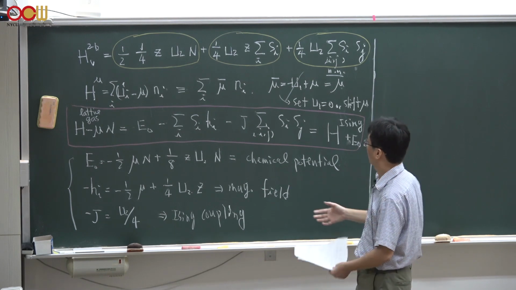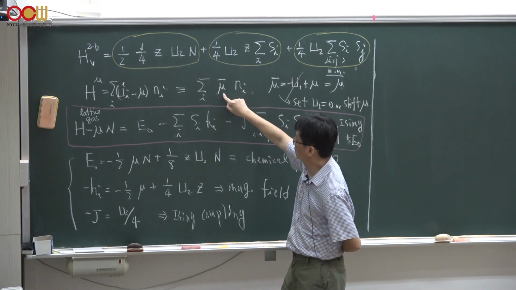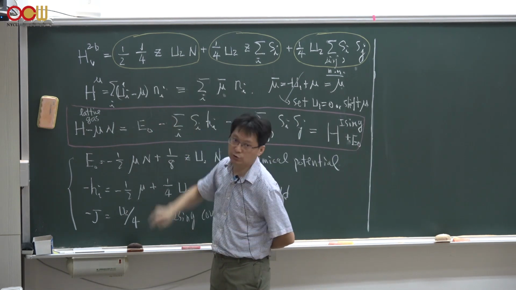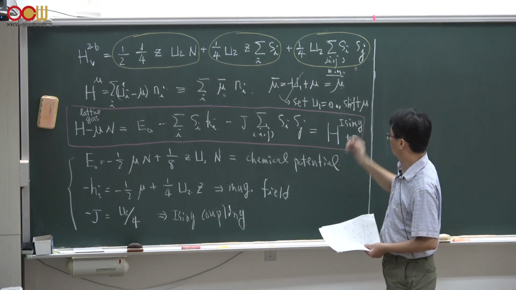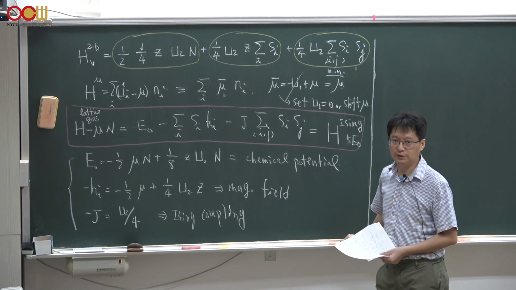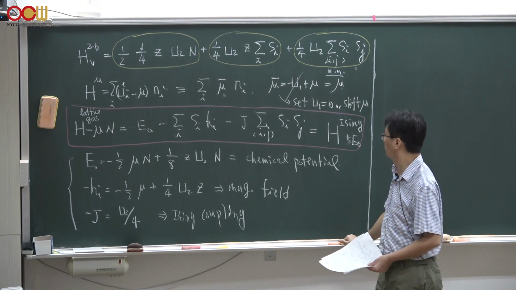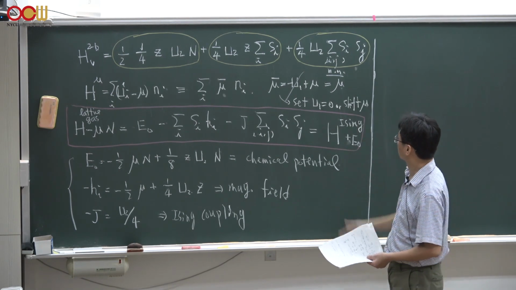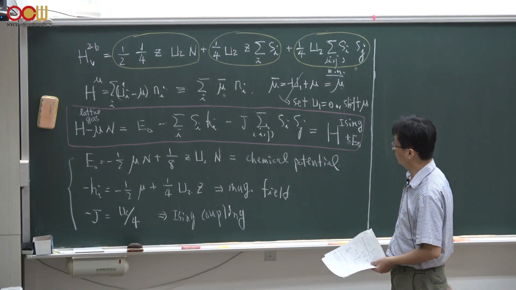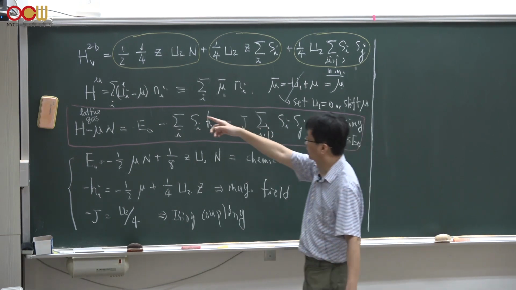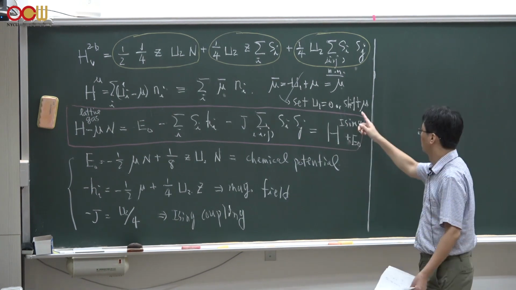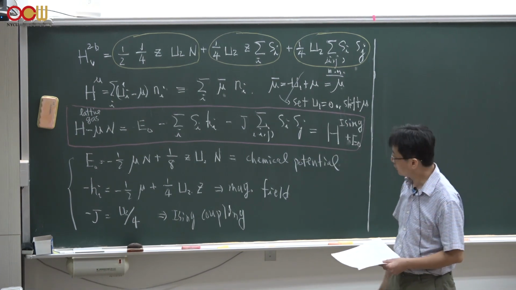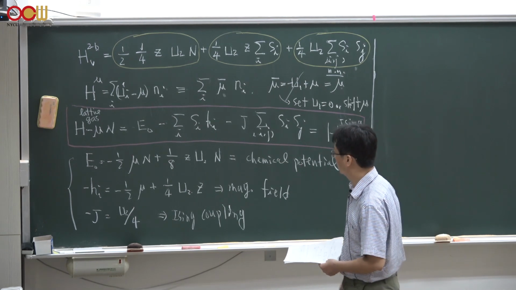We can redefine the chemical potential mu by absorbing the U1 interaction strength, or we can simply set U1 to be 0 for simplicity, and this is what we'll do. We simply set U1 to be 0 because we know that U1 could be absorbed into the chemical potential by shifting it. So we don't care about the U1 term.